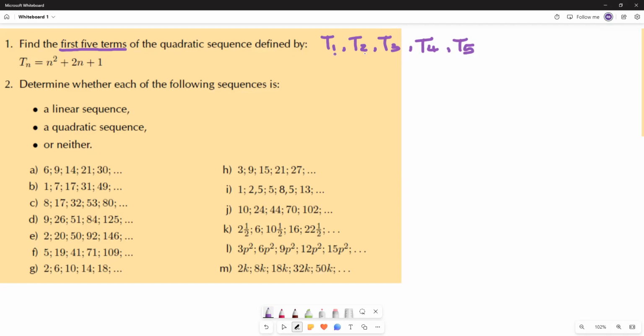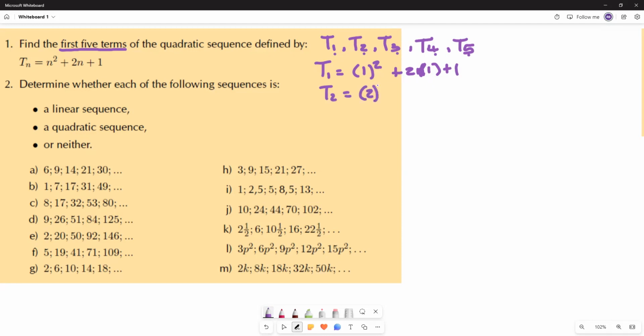And you're just going to take these numbers and substitute on the formula, right? So the first one will be T1. So T1, we can see that is going to be (1) squared plus 2 times (1) plus 1. Then you do the same for T2.